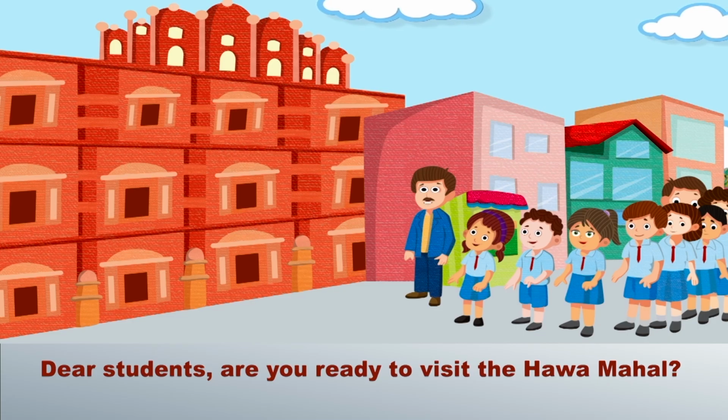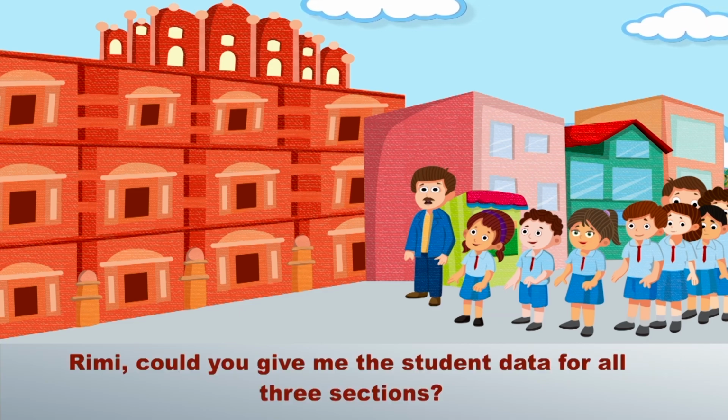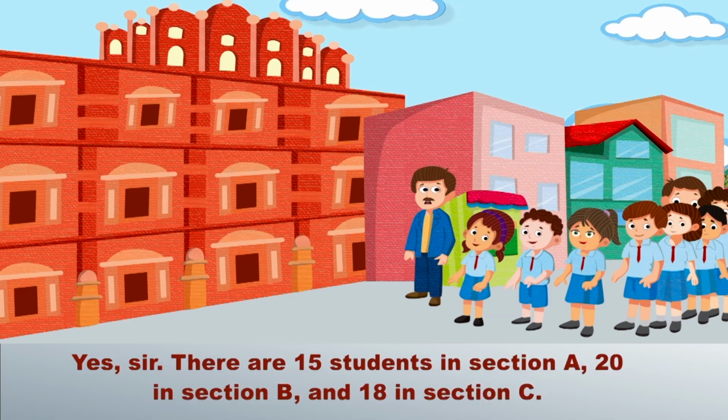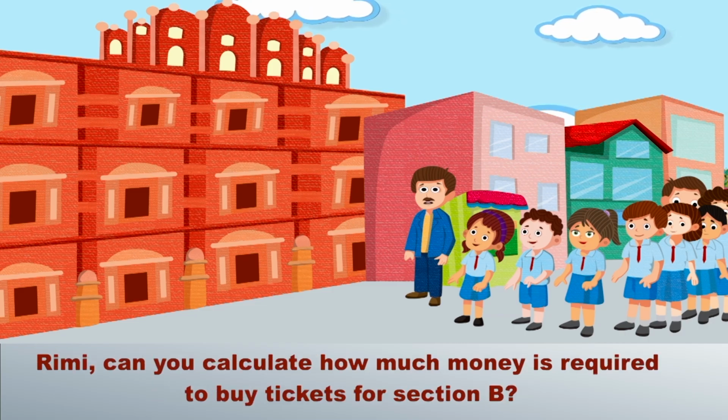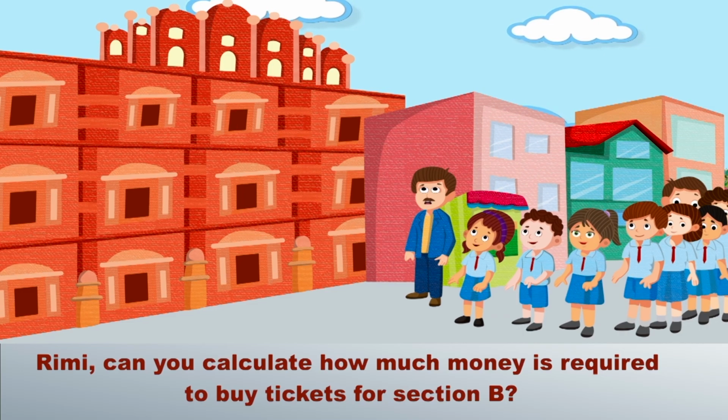Dear students, are you ready to visit the Hawa Mahal? Rimi, could you give me the student data for all 3 sections? Yes, sir. There are 15 students in section A, 20 in section B, and 18 in section C. Rimi, can you calculate how much money is required to buy tickets for section B?